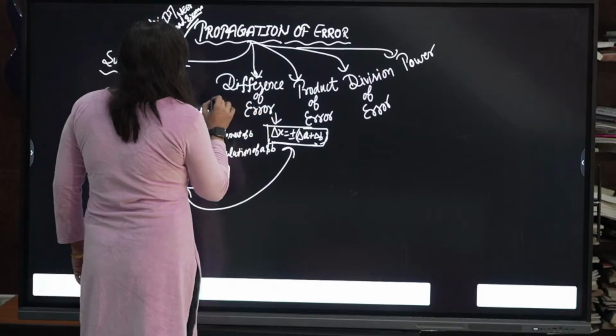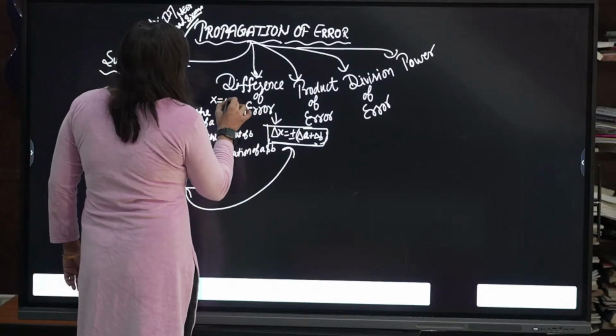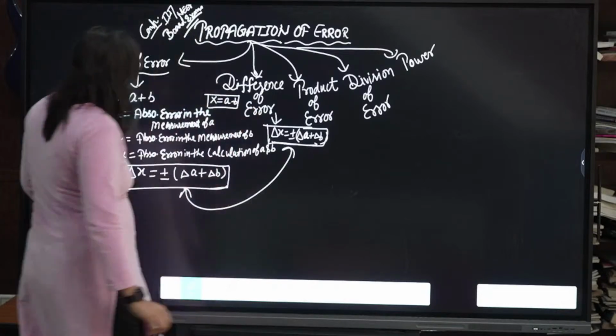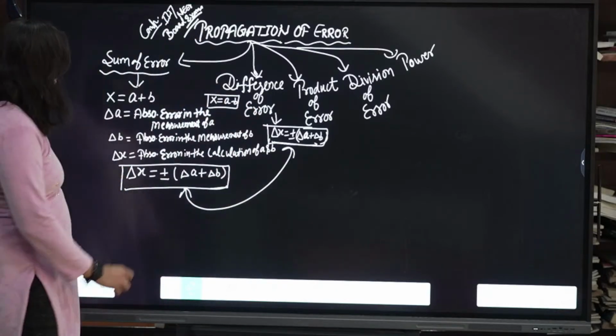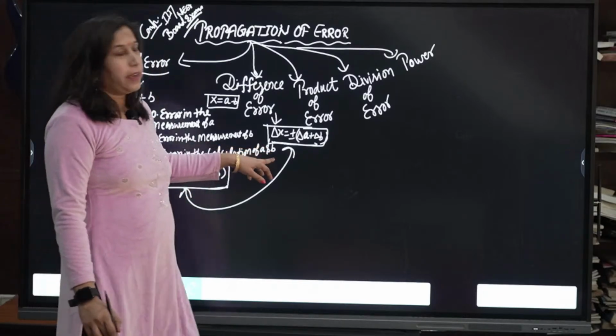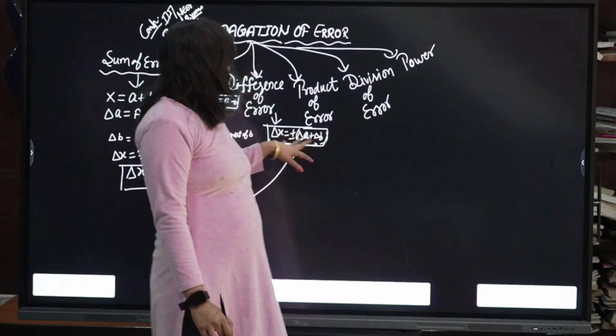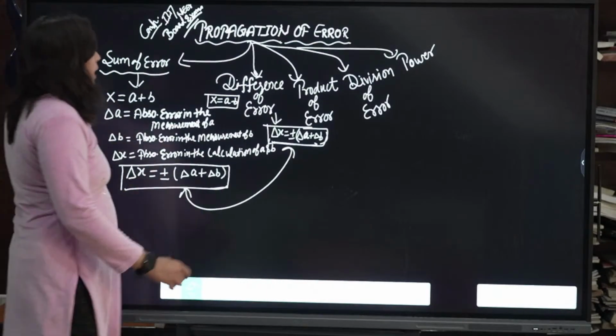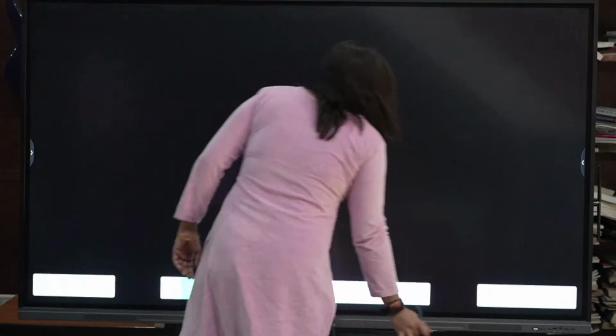Here you can write X is equal to A minus B. Mathematically, when we calculate error, the formula remains the same: del X is equal to plus minus del A plus del B. Some numerical based on it.